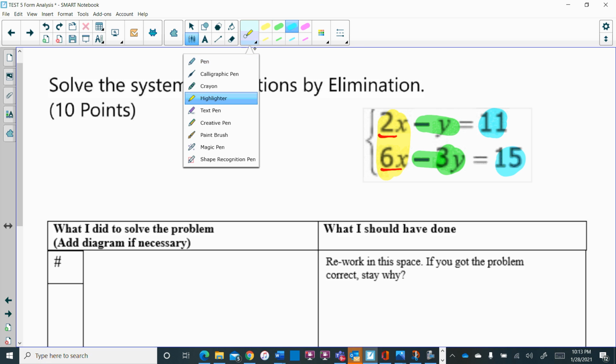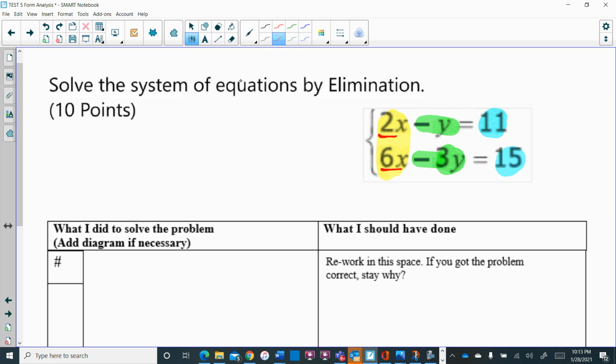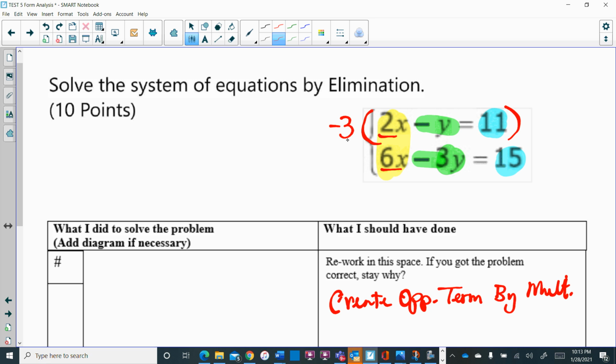So whenever we do not have opposites, we have to create an opposite term. And to do that, it's by multiplying. Sometimes it's both equations, sometimes it's one equation. For this one, all I needed to do is multiply this top equation by negative 3, because I want a 3 in front of that y, and I want it to be positive.